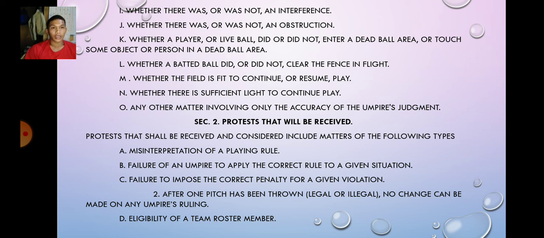Section 2, protests that will be received. Protests that will be received and considered include matters of the following types: A. Misinterpretation of a playing rule. B. Failure of an umpire to apply the correct rule to a given situation. C. A failure to impose the correct penalty for a given violation. 2. After a pitch has been thrown, legal or illegal, no change can be made of any umpire's ruling. D.